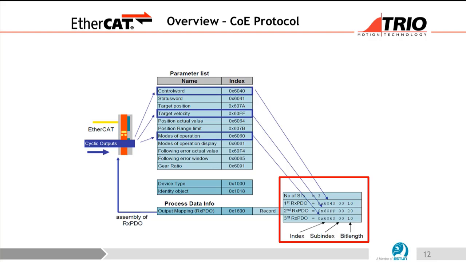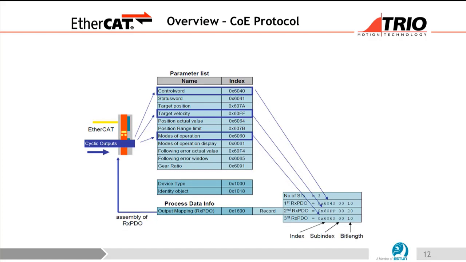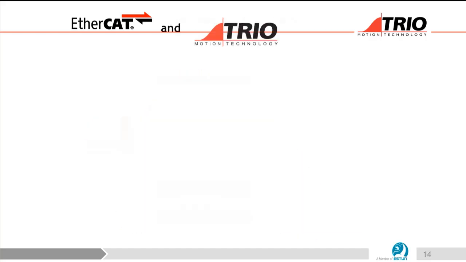You can see that there is this index and sub-index, and you have to define all the bit lengths that are sent through, so it knows what data is sent and what it's expecting and what to read back. This is the RX PDO, and this is the transmit PDO, so what you are sending back to the controller.